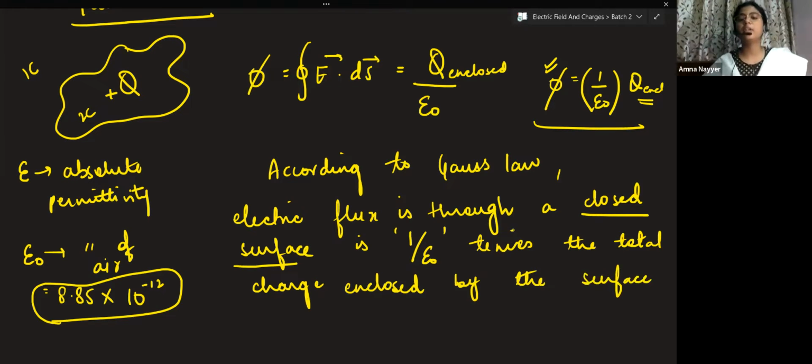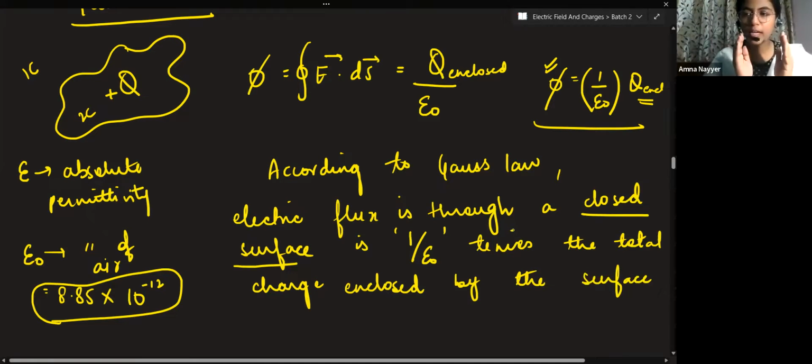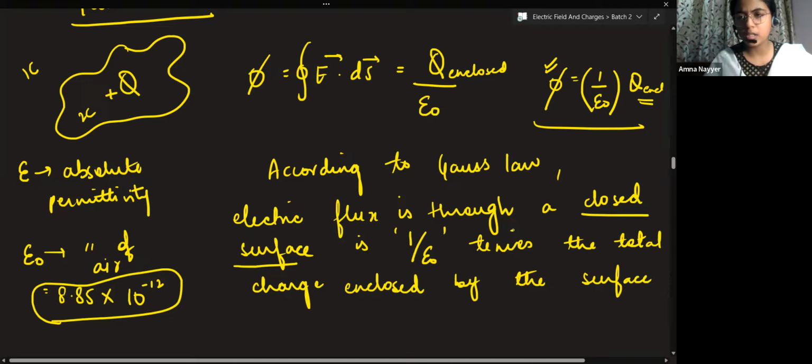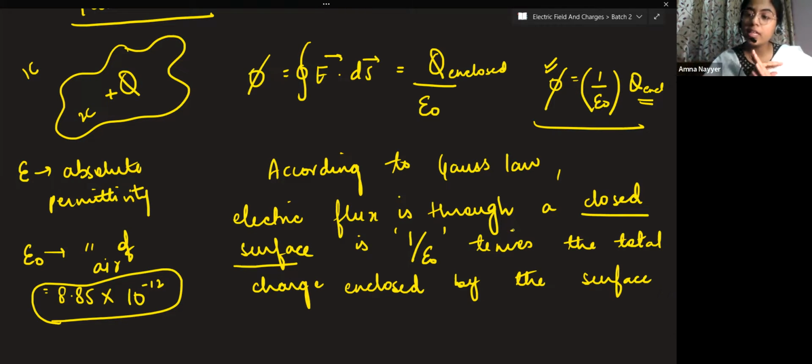This is the statement of Gauss law. Whatever charge is within the closed system is the charge Q enclosed which you have to consider, no matter how many charges are lying outside. If not even a single charge is inside, then you simply say electric flux is 0, because Q enclosed is 0, hence phi will also be 0.